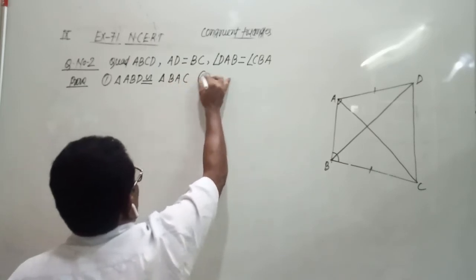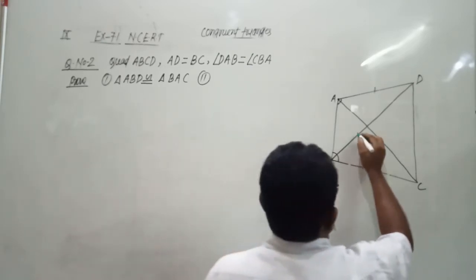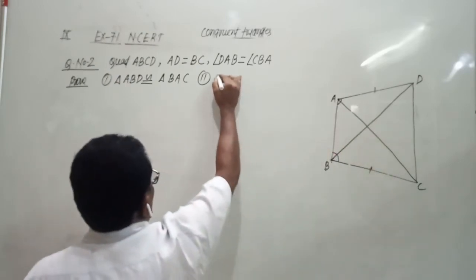The second part: BD equals AC, the side BD equals AC.